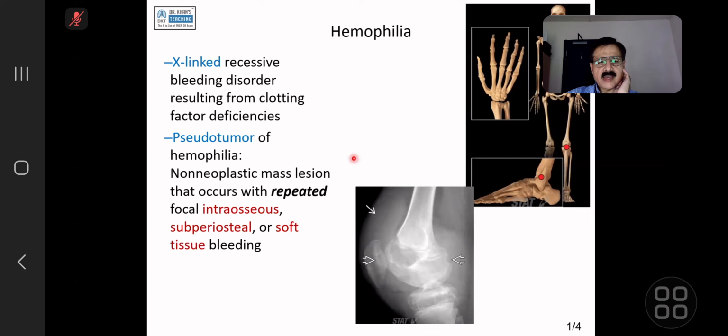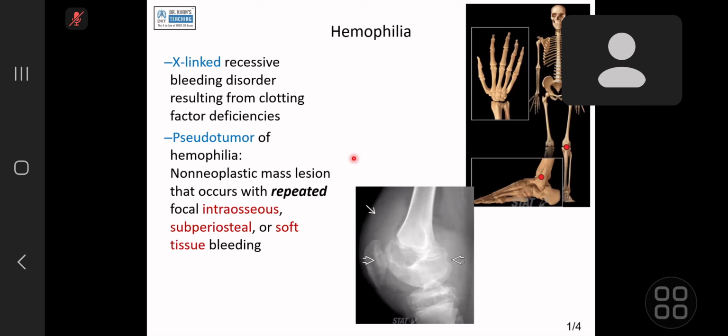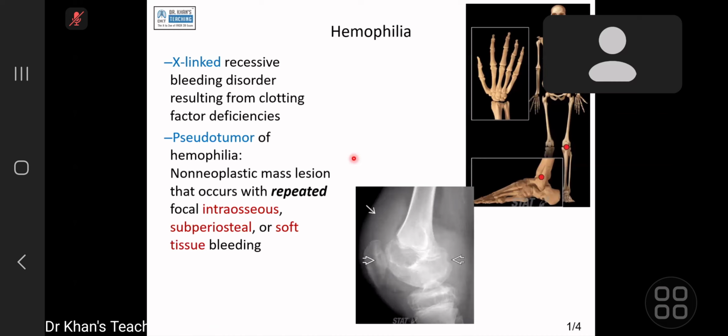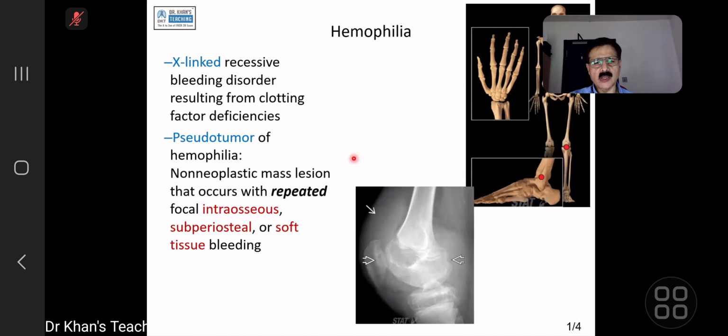This bleeding can be within the joint cavity, number one. Number two, it can be within the bone, and it can be in subperiosteal or in the adjacent soft tissue. And this makes different kinds of radiology. So this is the key point: intra-articular, intraosseous, or subperiosteal slash soft tissue.